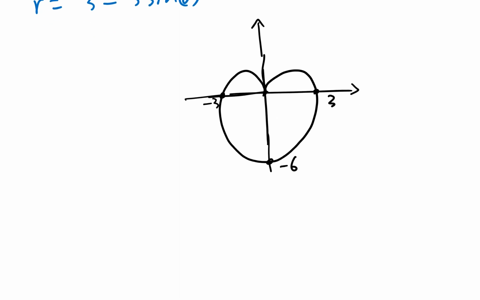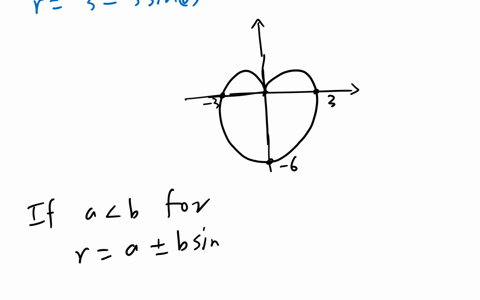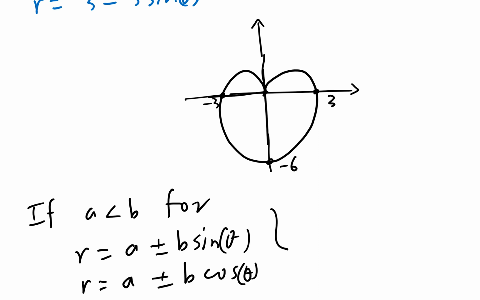Now, the same scenario works for other cases. If a is less than b, for the same equation, r equals a plus or minus b sine, or r equals a plus or minus b cosine theta, in these two cases we call it a limaçon with an inner loop.